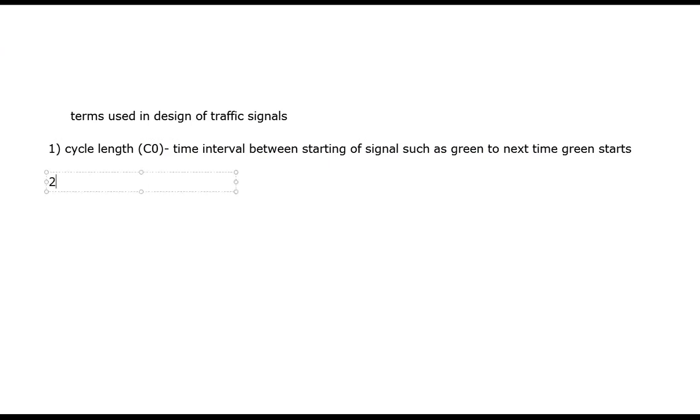द सेकंड टर्म इज अ interval. Second term is interval. So what does it indicate? Interval means nothing but a change from one state to another state, from one stage to another stage.